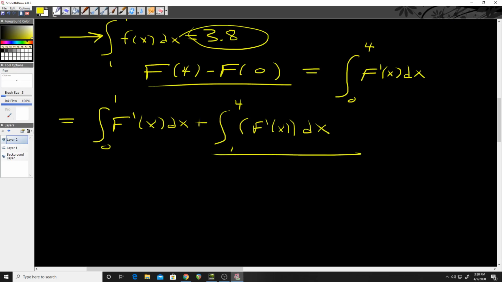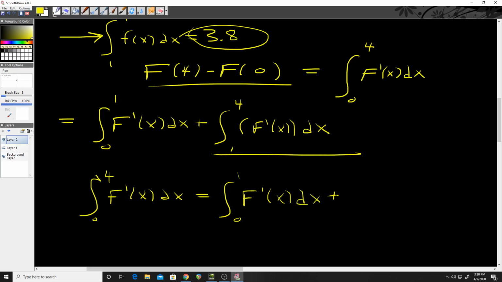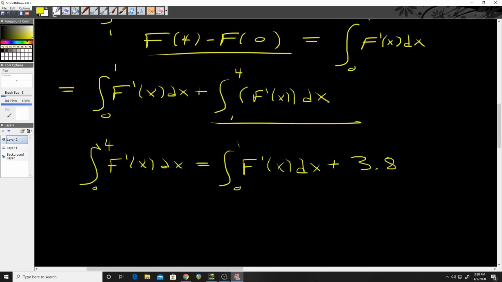So what we wind up with is, integral 0 to 4 equals integral 0 to 1 plus integral from 1 to 4, which we already know is 3.8. Yep, there it is. And so what now?